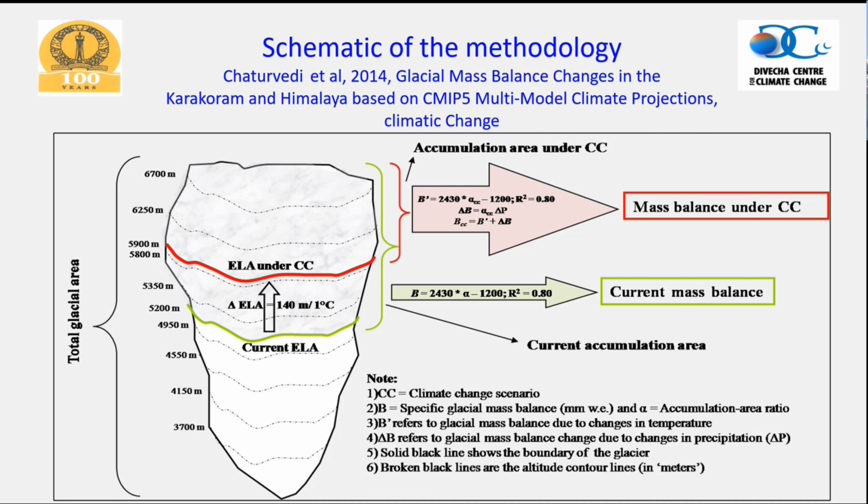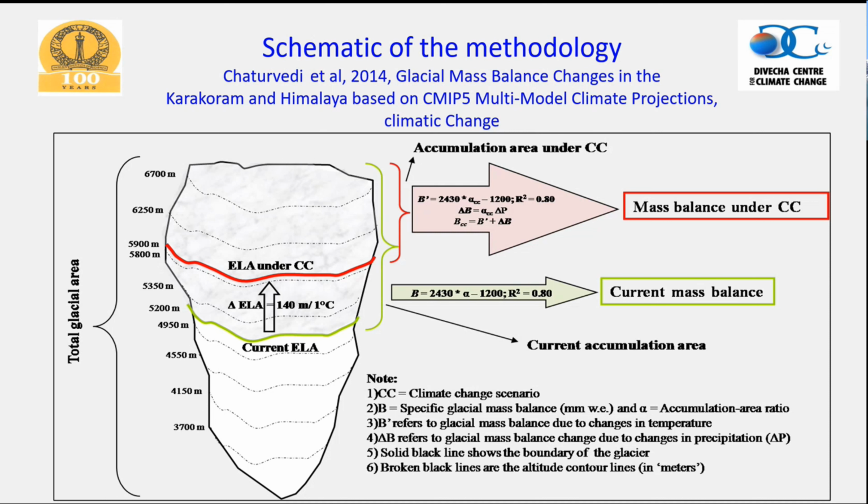So what essentially you do is you get that equation where delta B, AB is AAR into AR under climate change and delta P and BCC. So what essentially you are trying to do here is use this equation with new AAR and get the mass balance.